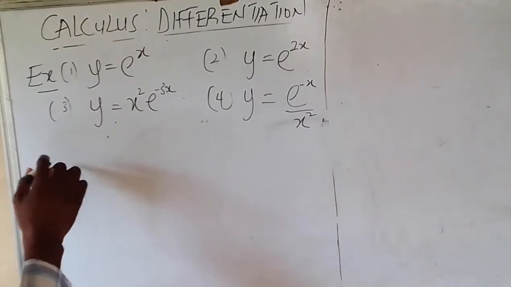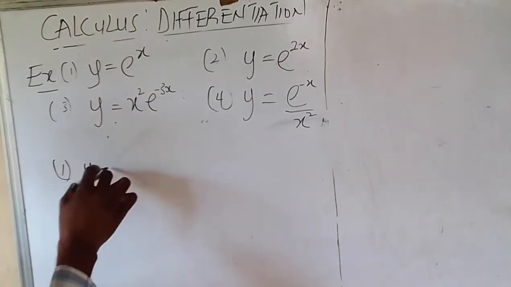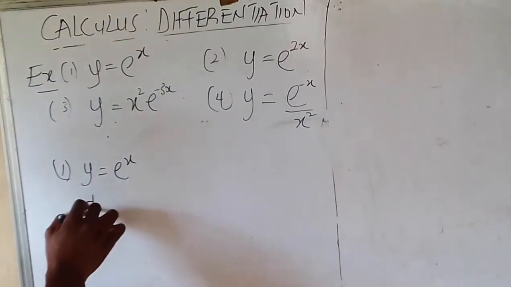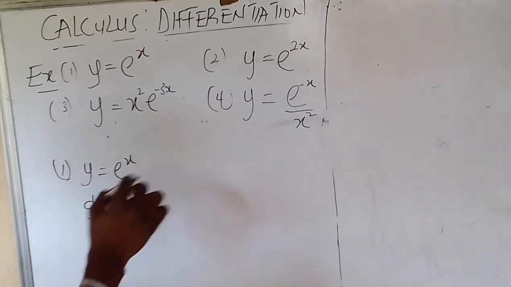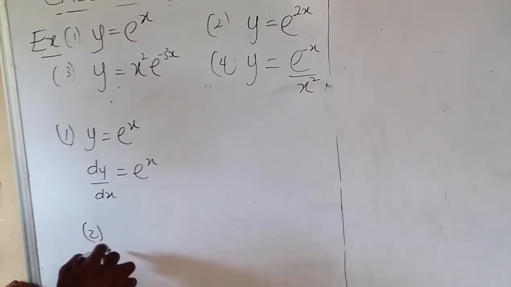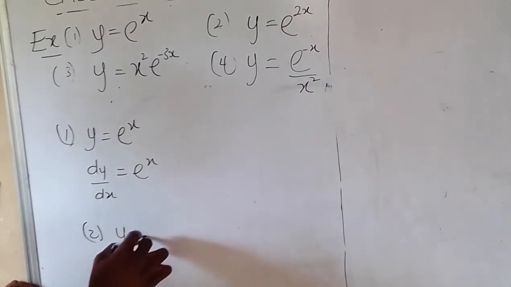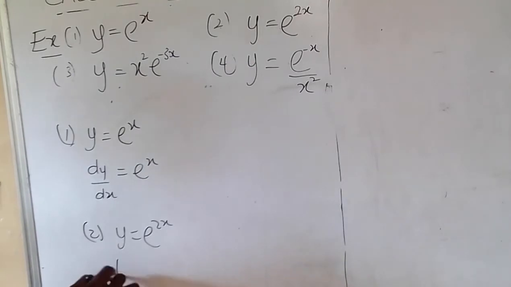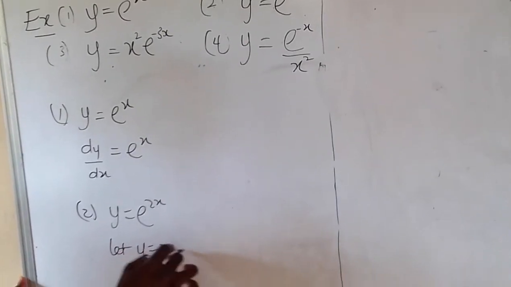For example 1, number 1 is given to us as y equals exponential x. In which case, from our table, dy/dx for exponential x is the same as exponential x. Now for number 2, y is equal to exponential 2x. To solve this, I'm going to use function of a function. I will say let u be equal to 2x.